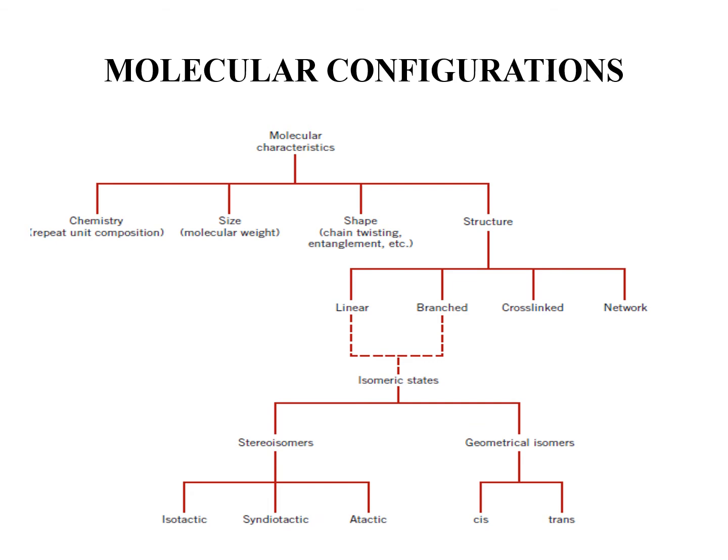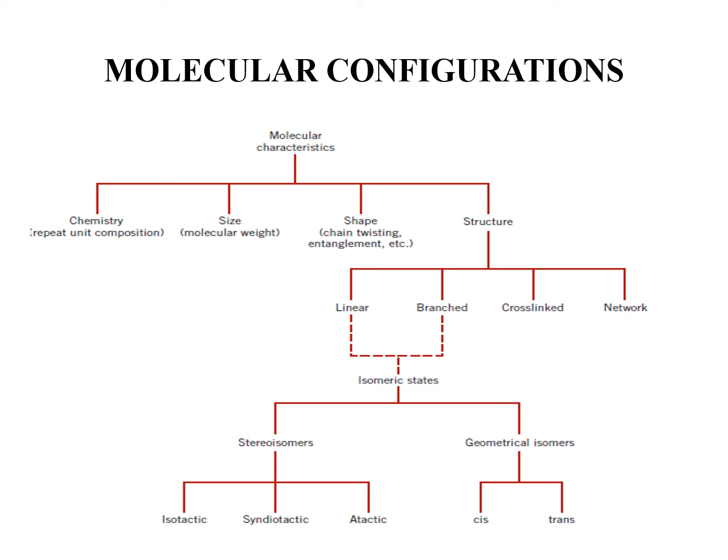So if we take a look at the molecular configurations of polymer molecules, structure-wise, as I said in the previous slide, they can be linear, branched, cross-linked, or network polymers. Now linear and branched polymers can be subdivided according to their isomeric state, that is stereoisomers and geometrical isomers.